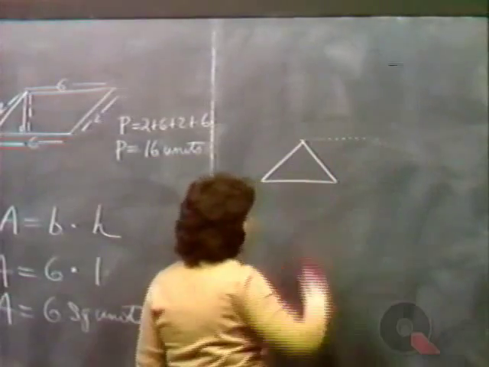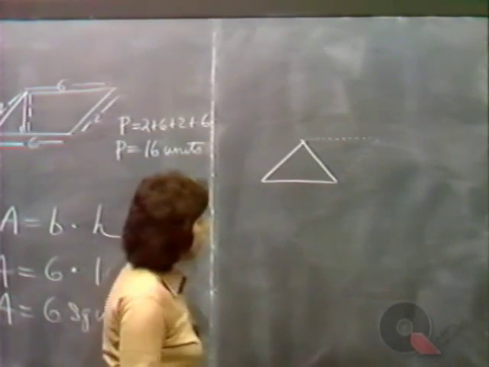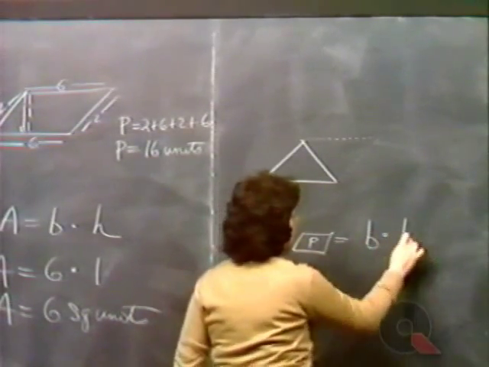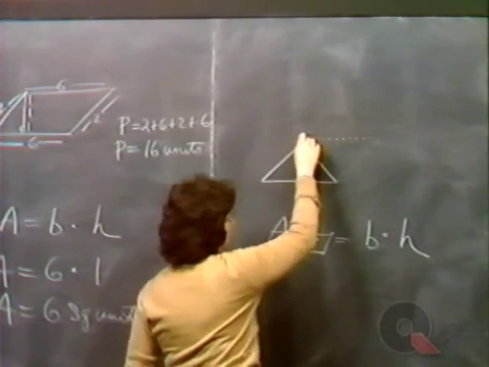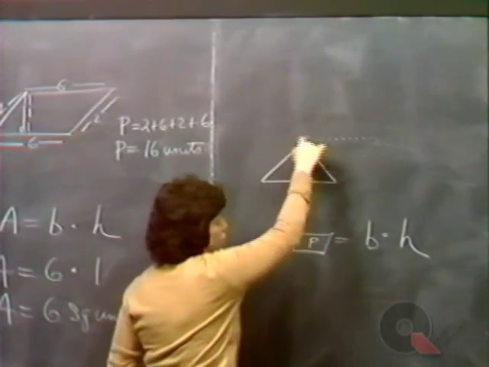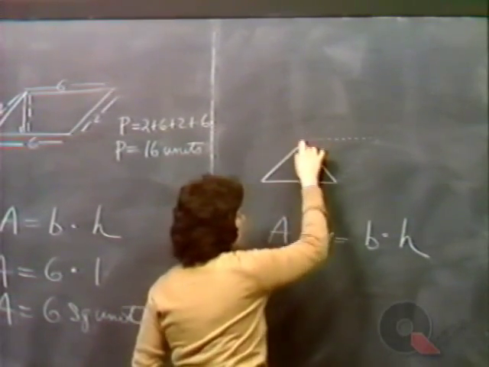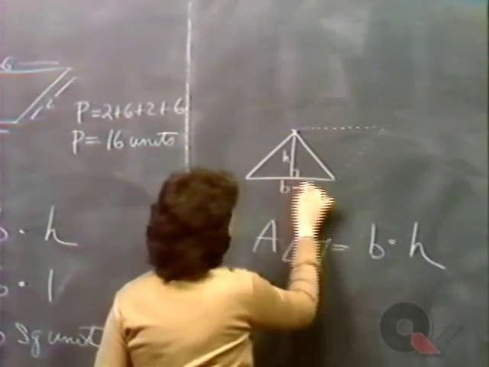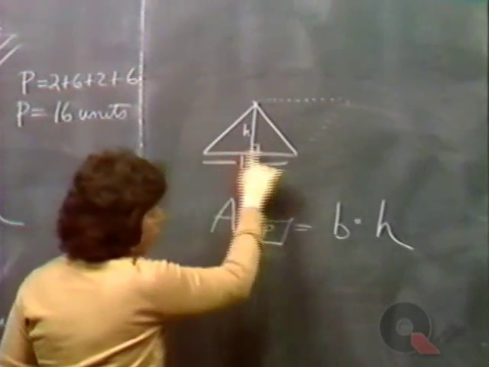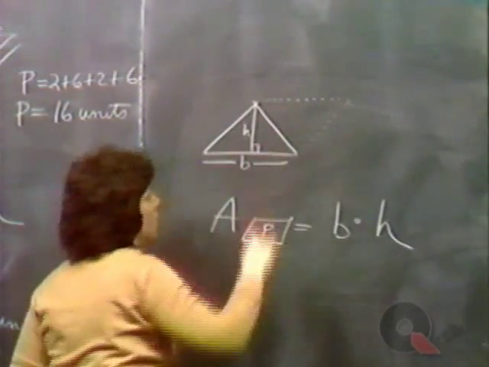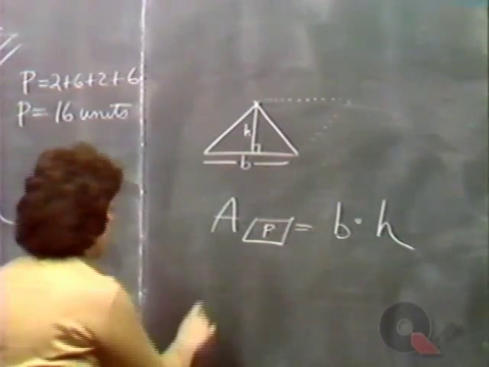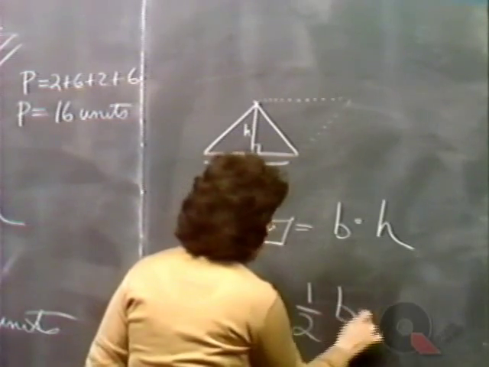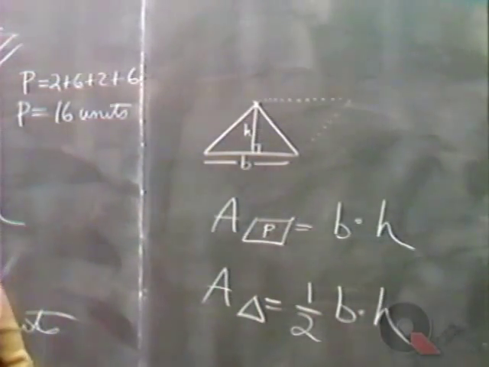If the area of a parallelogram is base times height, where the height is the perpendicular distance between the two parallel sides, and this is the base, then the area of the triangle should be 1/2 of the area of the parallelogram, 1/2 base times height.